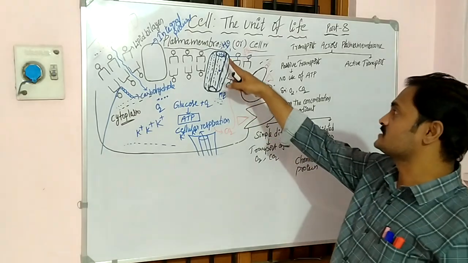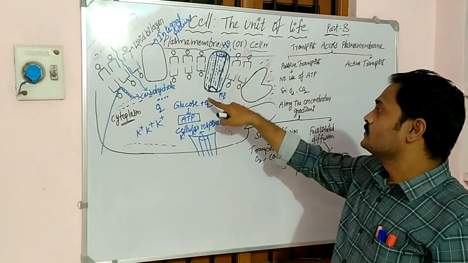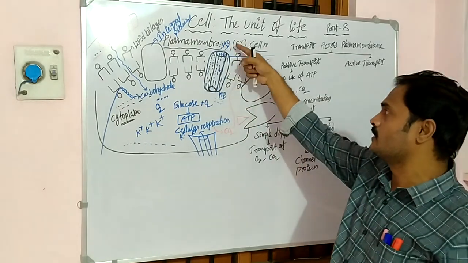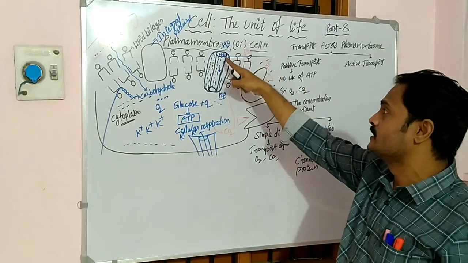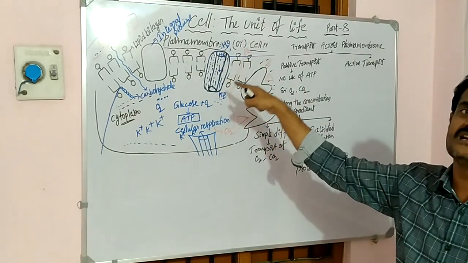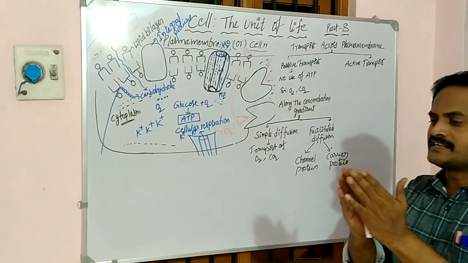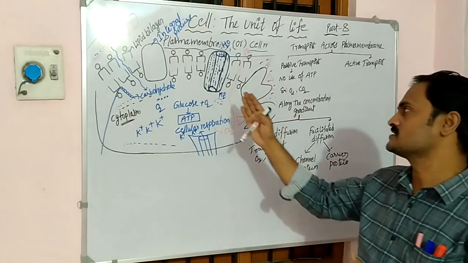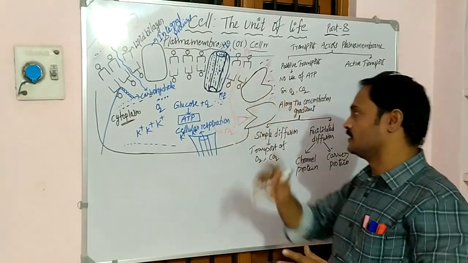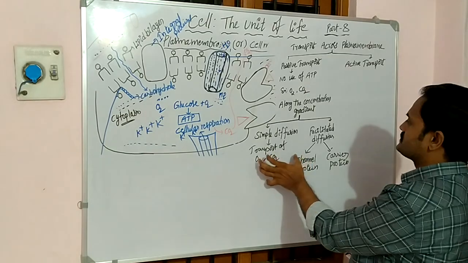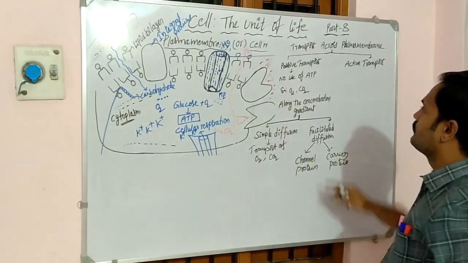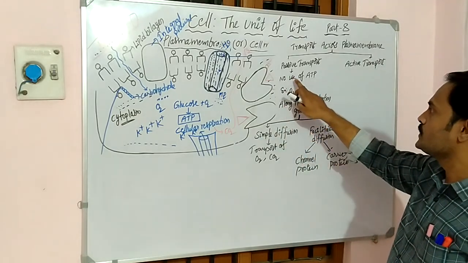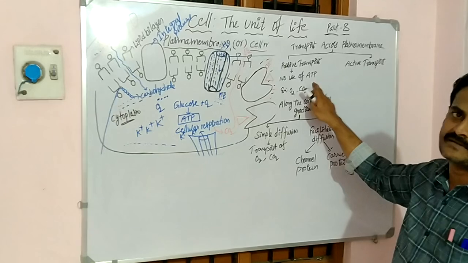Channel protein means water passes from outside to inside of the cell or inside to outside through the channel molecules. These channels are made up of protein molecules. So this is the information about passive transport. For this transport, there is no use of ATP, remember.